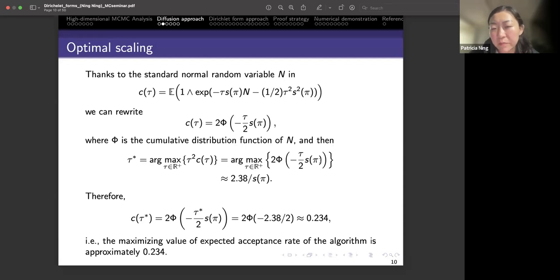We can approximately solve this as 2.38 divided by s_pi. Therefore, C(tau star) is 0.234. This is a very classical result in the optimal scaling literature. That means the maximizing value of the expected acceptance rate of the algorithm is approximately 0.234.